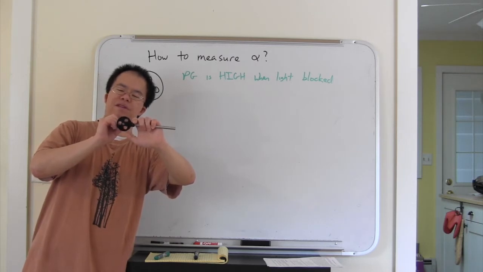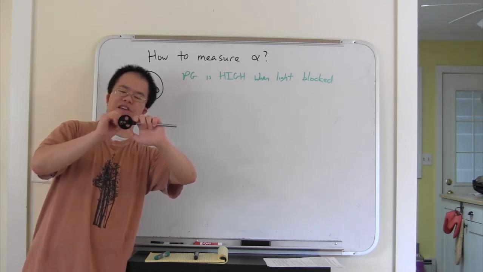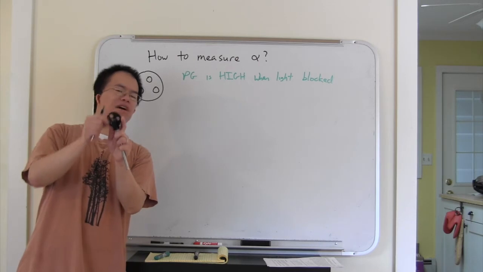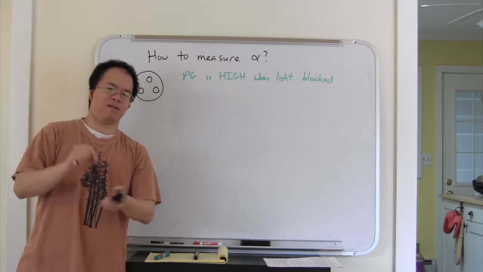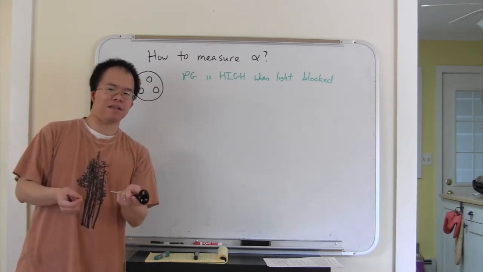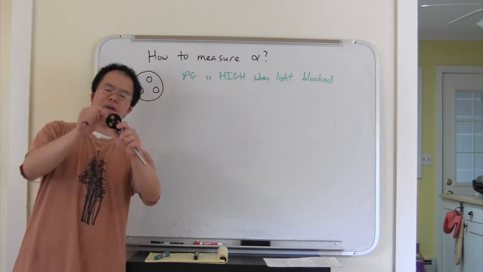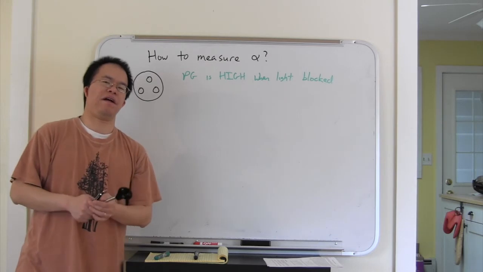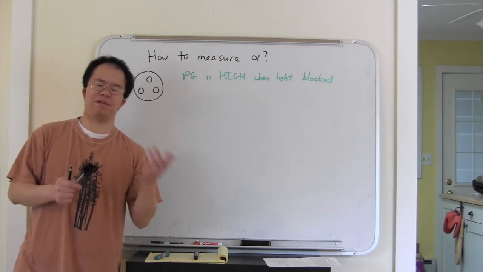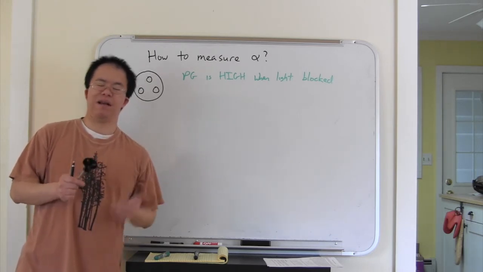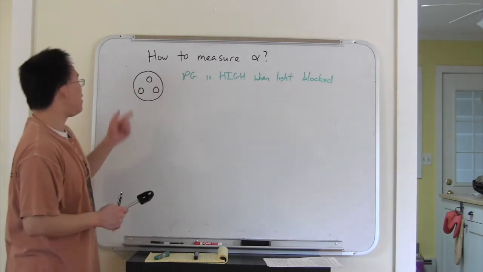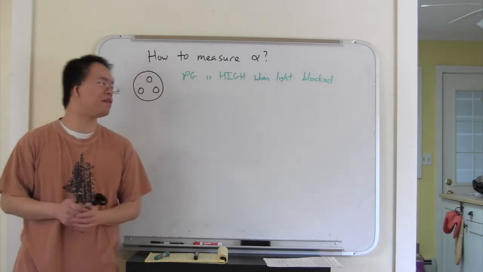Eventually the wheel is going to rotate enough that I get to the next hole, and light will make it through again. So perhaps there's something we can do with measuring how long the light is blocked, which, if we know the angle between these holes, we can figure something out. When we do know that, we can determine how far the wheel has had to rotate.